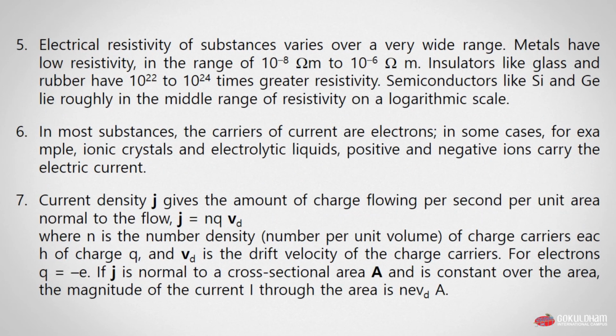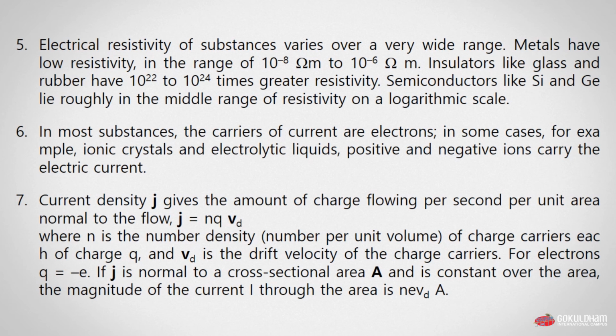Fifth, electrical resistivity of a substance varies over a very wide range. Metals have low resistivity in the range of 10⁻⁸ ohm meter to 10⁻⁶ ohm meter. Insulators like glass and rubber have 10²² to 10²⁴ times greater resistivity than the metals.